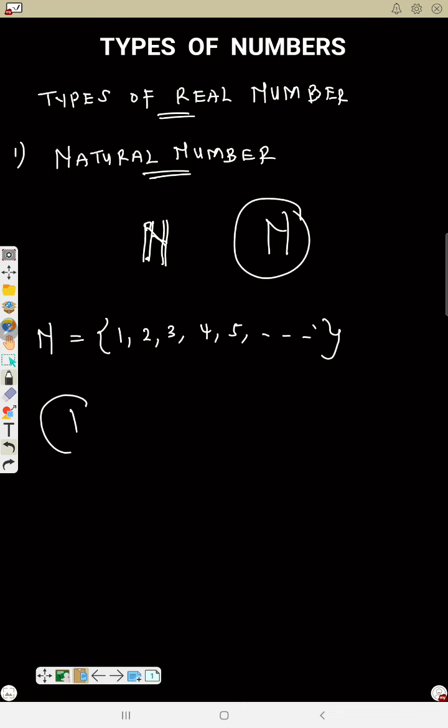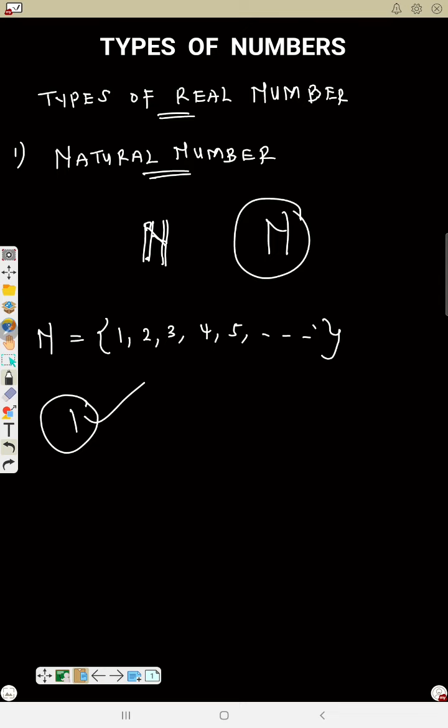All numbers you can count with your fingers are natural numbers, that is 1, 2, 3, like that. And the lowest natural number is 1.